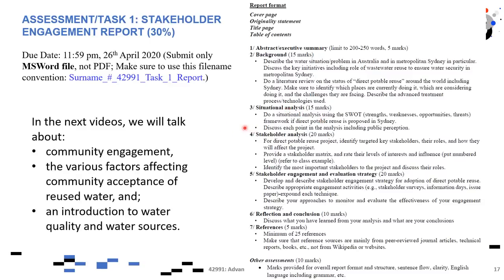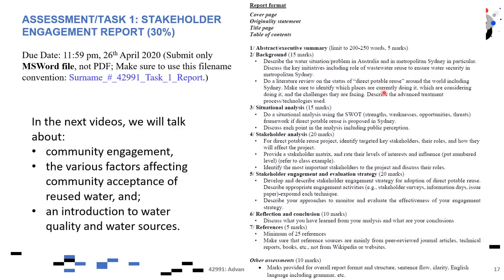The major part is from sections 3 until 5 here. You can see some situational analysis like the SWOT analysis, stakeholder analysis, and the engagement process or evaluation strategy. You can start off with the basic cover page, table of contents, and then of course you have to provide an abstract or a summary in limited words. Do not make it too long, and there are corresponding marks for each section as well. Please be guided accordingly.